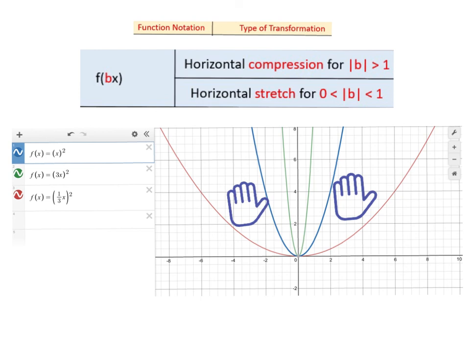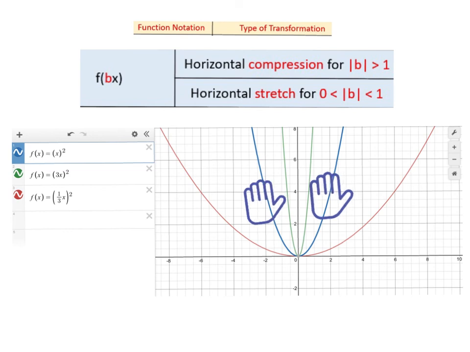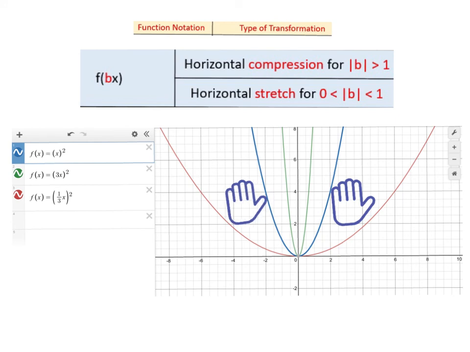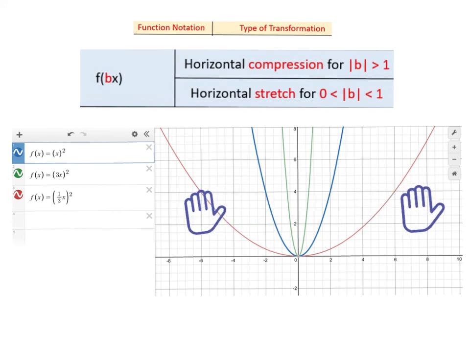What we're doing is that we are compressing not vertically but horizontally, so we're pushing these two hands together, and it's going to make the green one, because we're pushing them together. It's called a horizontal compression. If we go back to the original one and then we change it to a fraction, then it's a horizontal stretch, so we're pulling it right and left, and it ends up making the red one.